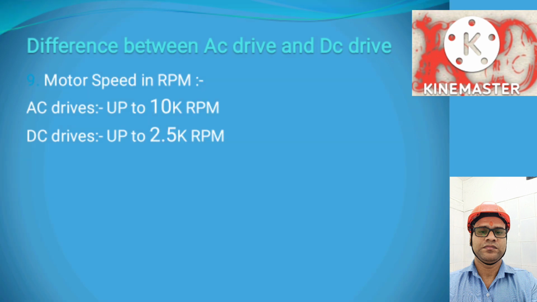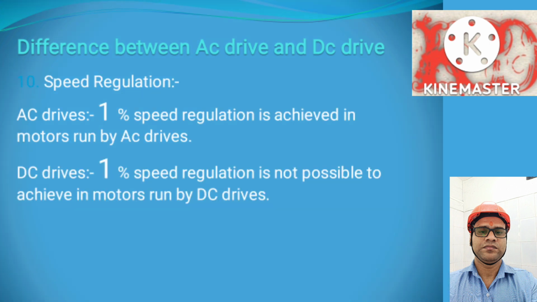Tenth, motor speed in RPM. In AC drives we can achieve speeds up to 10,000 RPM, whereas in DC drives up to 2,500 RPM.